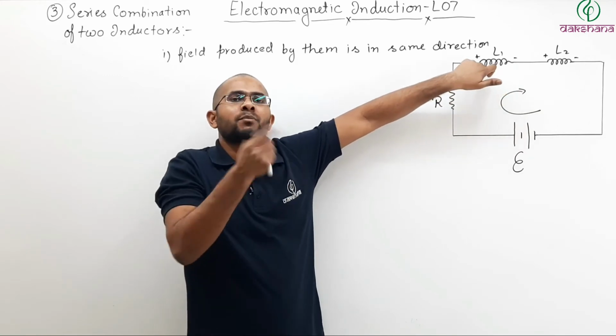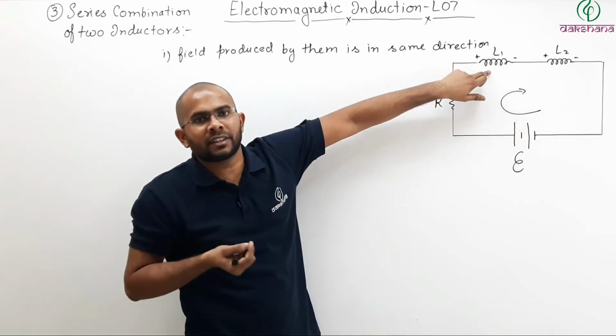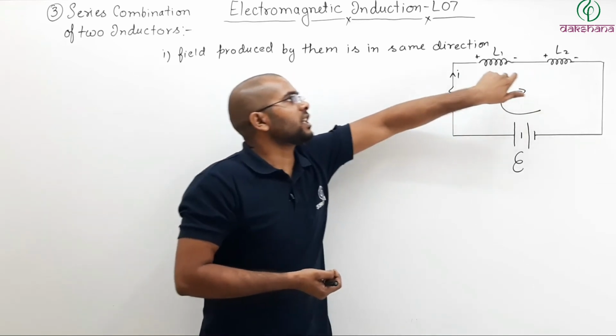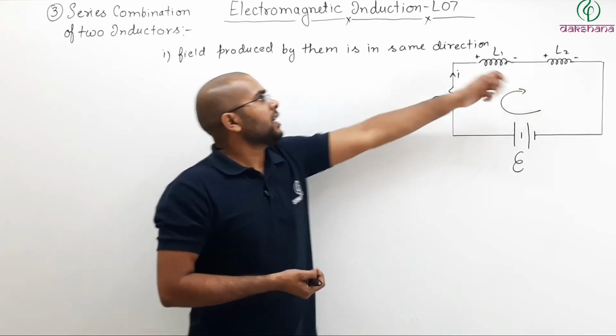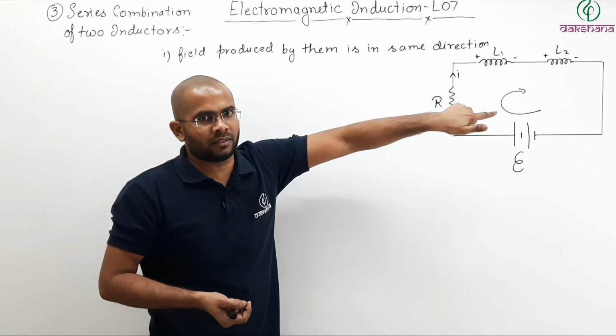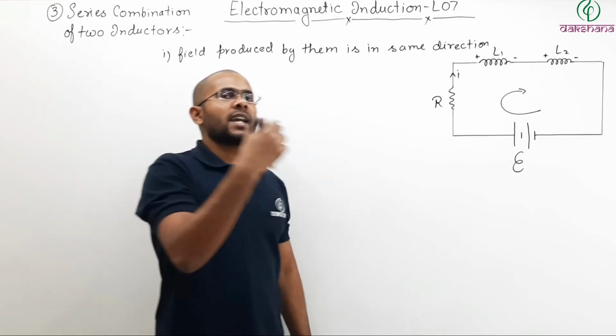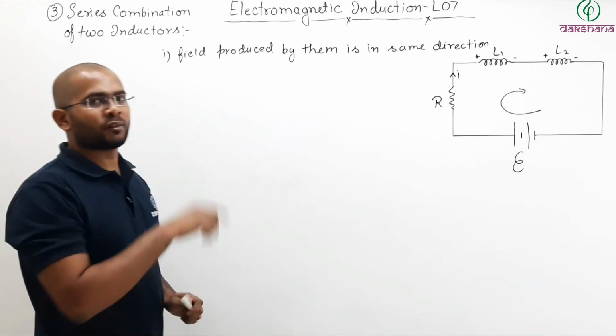In the previous case, mutual inductance we were subtracting. Why? Because they were opposing each other's magnetic field. Here, if they support each other's magnetic field, then mutual inductance will be added. Now let us try to write the equation in this case.